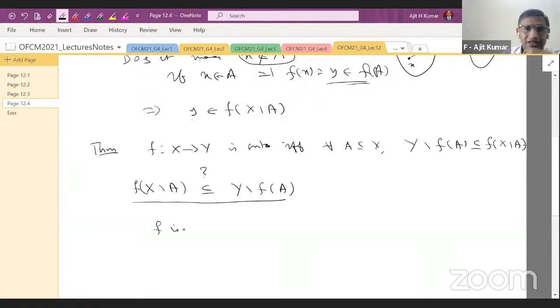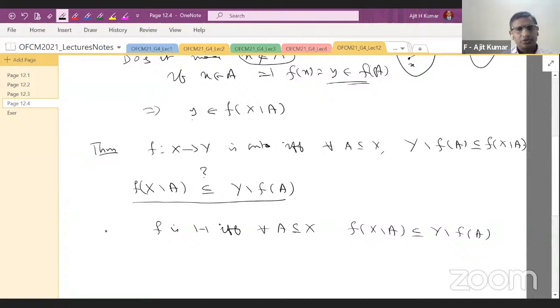So f is one-one if and only if for every subset A of X, f of X minus A will be a subset of Y minus f of A. Okay, this is what you should try to prove.